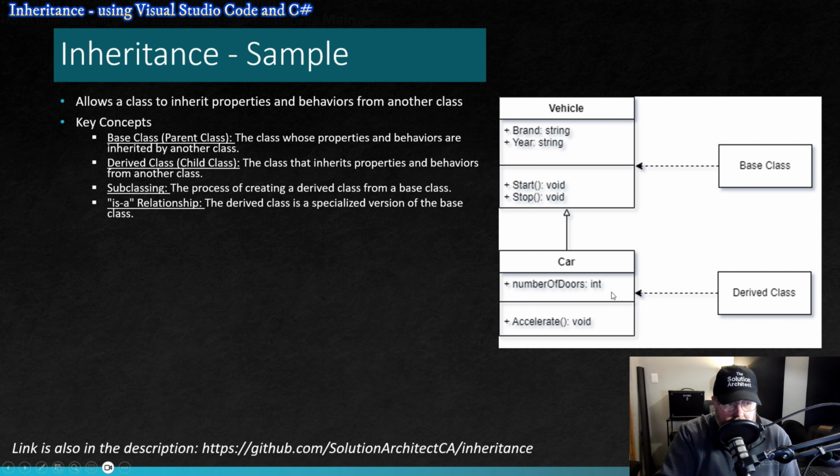We'll specify a number of doors, add an accelerate method, and then execute it inside the main program. Right, so let's jump onto the code in Visual Studio Code. You can also download the code from the link in the description of this video.